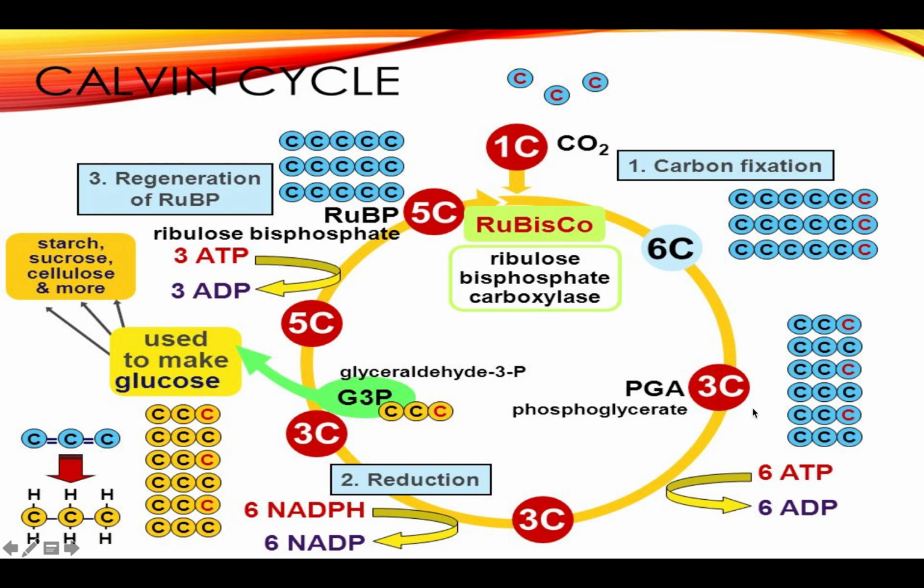Energy from molecules of ATP and molecules of NADPH are used to convert phosphoglycerate to glycerol phosphate, or G3P. Oh, that's a long word. Glyceraldehyde 3P. Oh, that's a lot easier to say. Okay, so after we come here from our phosphoglycerate, we still have 3 carbons.